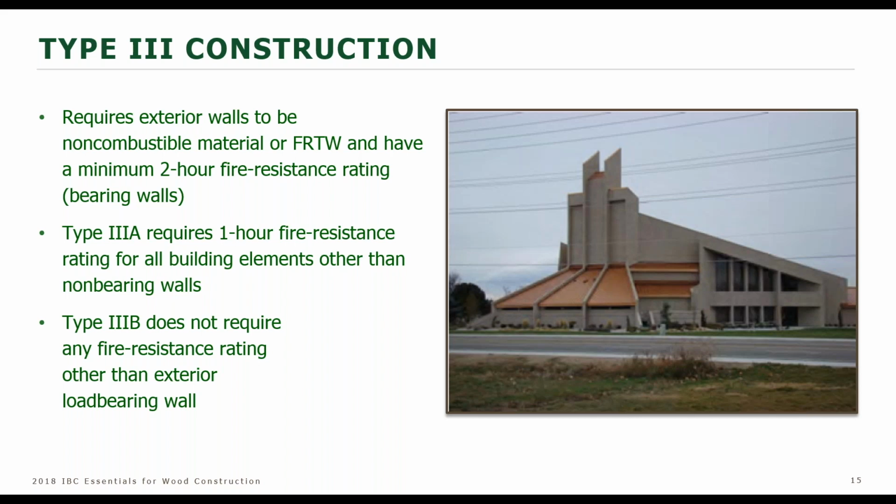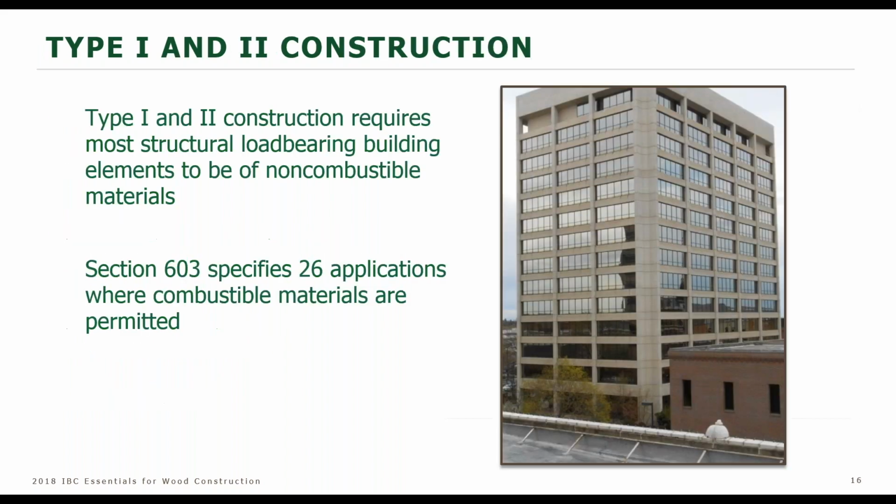But type 3, its defining feature as wood construction, is that the exterior walls are non-combustible or fire retardant treated wood, 2 hour rated. And then of course, the largest buildings permitted by the International Building Code are types 1 and 2. Type 1 is highly rated, non-combustible, typically concrete or steel. Type 2 is non-combustible materials for the major building elements.